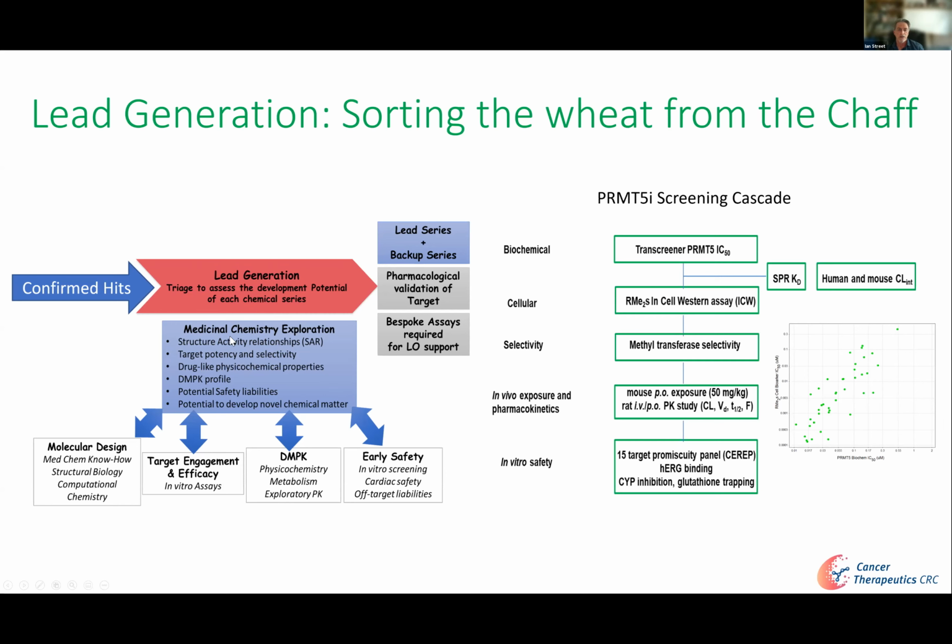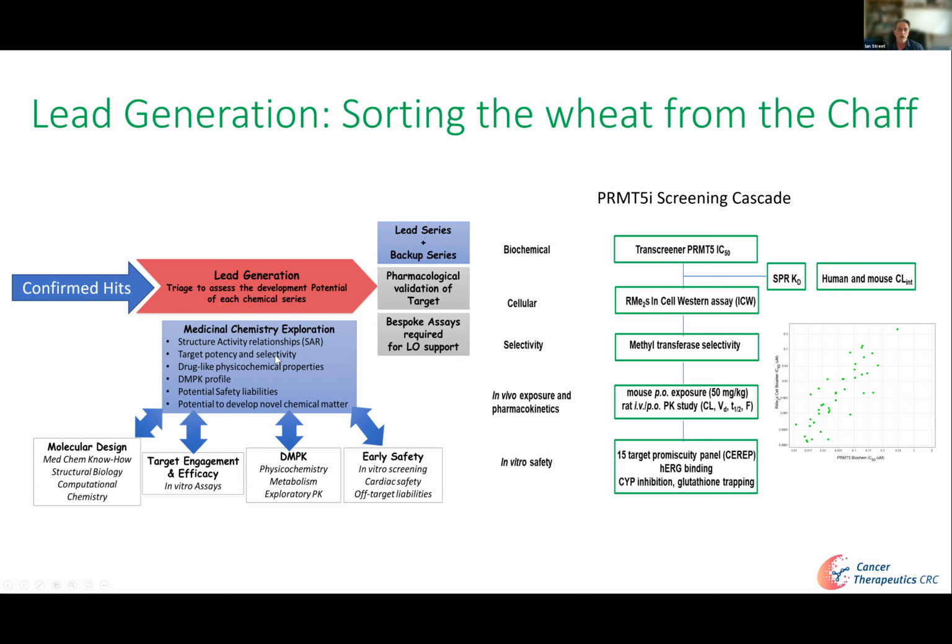And as well as looking at the variations that are made, and the effect on the potency against the target, you also look at the effects that you have on other properties of the molecule that you're going to need to develop a good drug, like the pharmacokinetics, the metabolism, how these changes affect those properties, if there are any particular targets that you don't want to hit, like cardiac channels, whether the changes in structure induce any of these off-target activities which are undesirable.